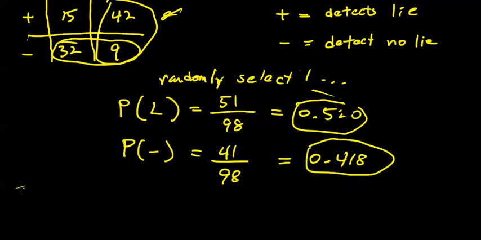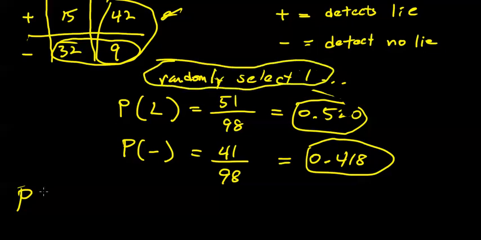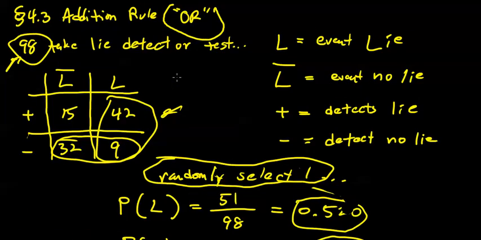Alright, what's the probability, again randomly selecting one, of finding someone with a false positive test? And let's think for a minute. What does false positive mean? False positive means the machine said you lied, but you did not lie. So that would be this cell right here.